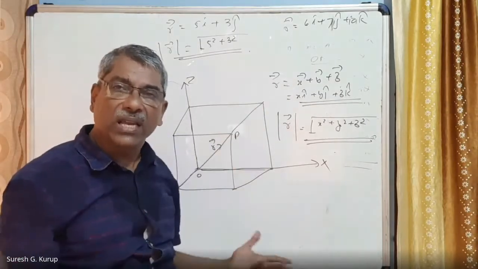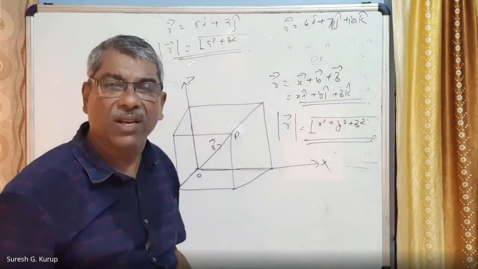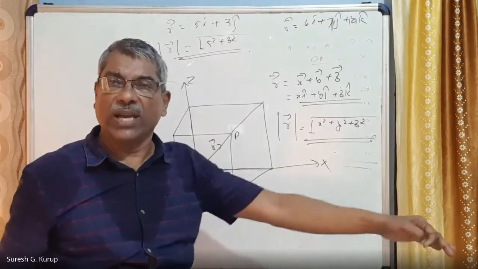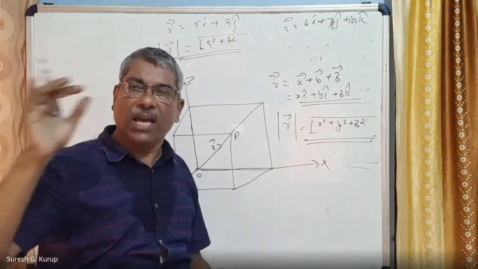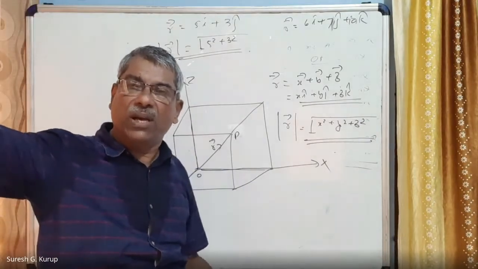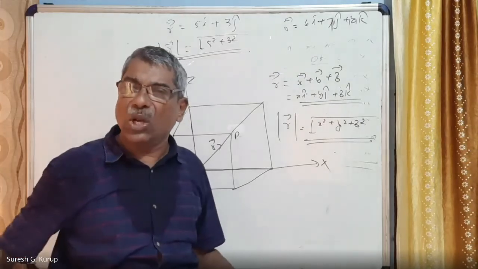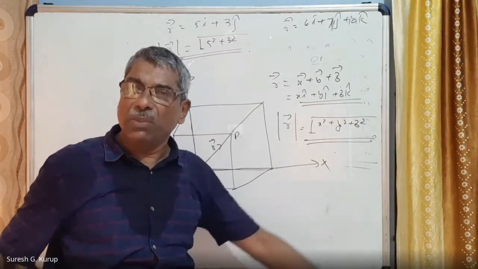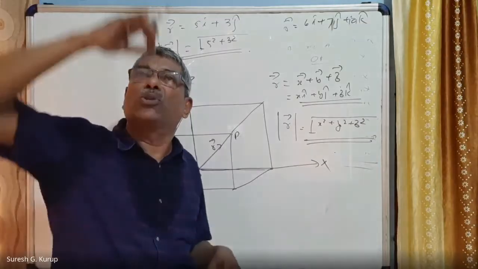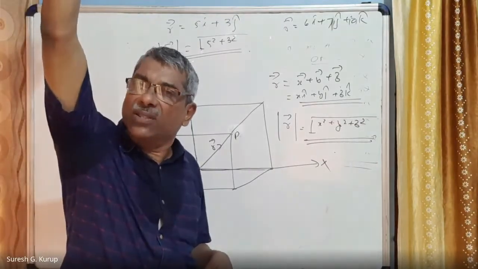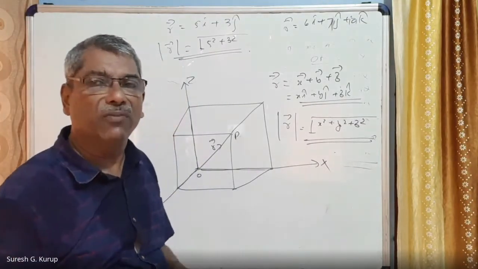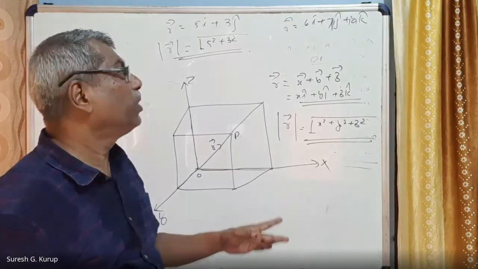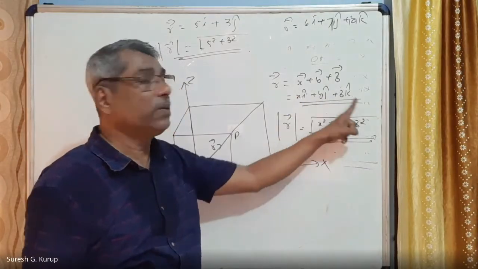In space, any vector must have three components: one along x-axis, other along y-axis, other along z-axis. That means the position of the kite has some distance along the x-axis, some distance along the y-axis, and also some distance along the z-axis. That is why that position vector must have three components, given by xi plus yj plus zk.